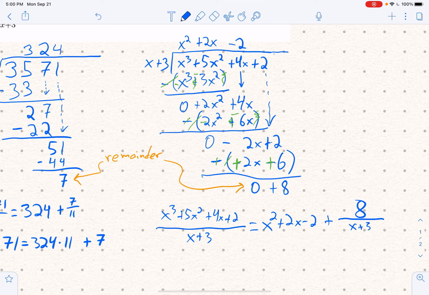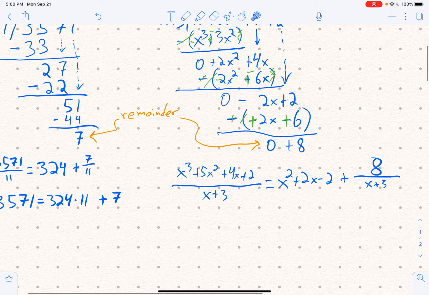It's the remainder 8 over x plus 3. So this is a way of rewriting this fraction. And the pieces go in the same place. That is, we have the dividend and divisor, we have the quotient, and then we have the remainder over the divisor. And that just matches what is going on here.